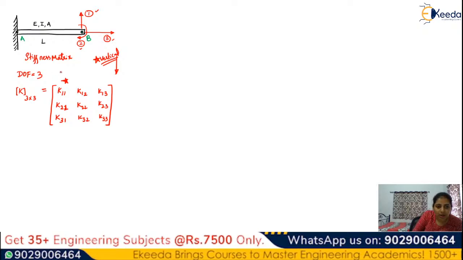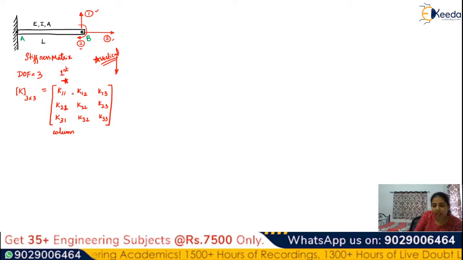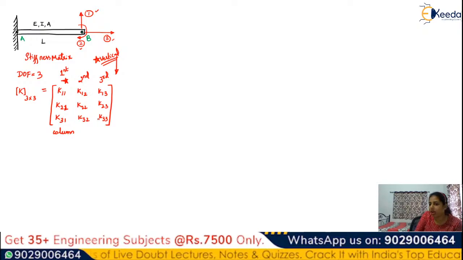So this is your first column, right? Vertically we call it a column. This is your second column and this is your third column. So first we'll develop first column elements, second we'll develop second column elements, and in the third we'll develop the third column elements.